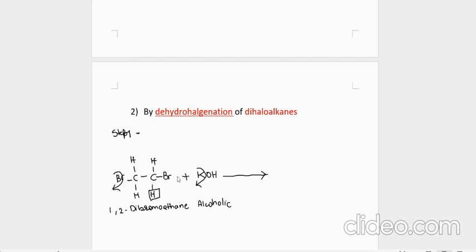So potassium and Br, it will be removed as a byproduct, that is KBr, that is potassium bromide. And hydrogen from the second carbon atom and hydroxyl group from the potassium hydroxide will be removed as water molecule. Okay, so these are our byproducts, KBr and water molecule.